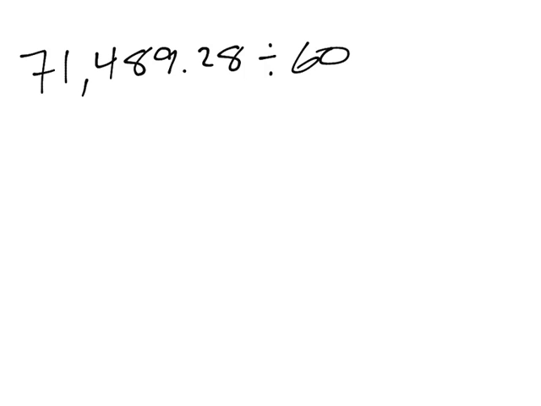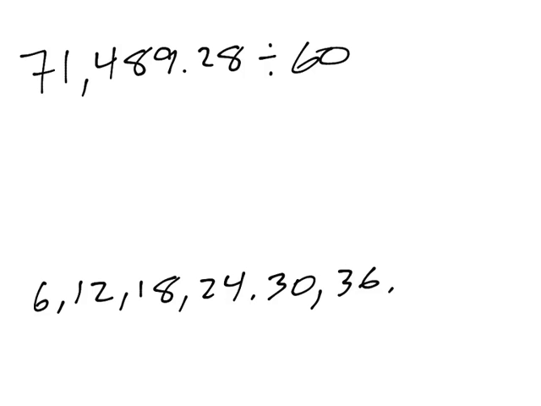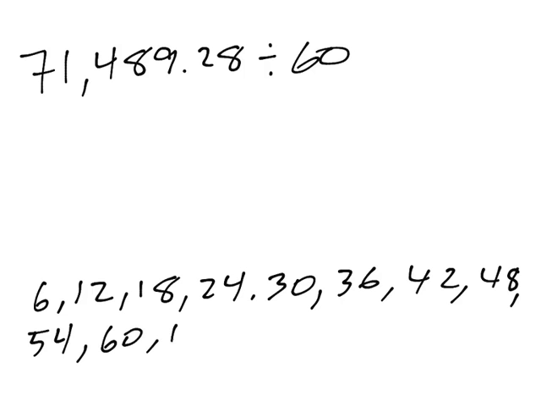But now when we start looking at the multiples: 6, 12, 18, 24, 30, 36, 42, 48, oh, I forgot one, 54, don't forget good old 9 times 6, 54, 60, 66, and 72.